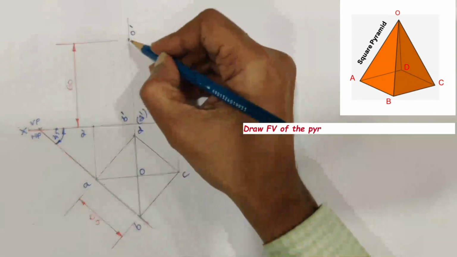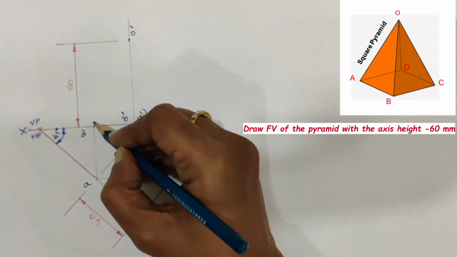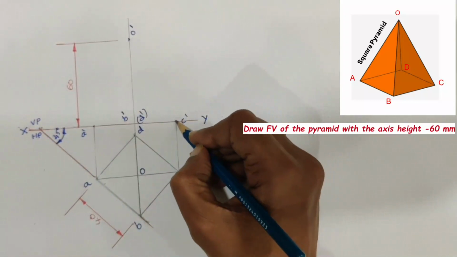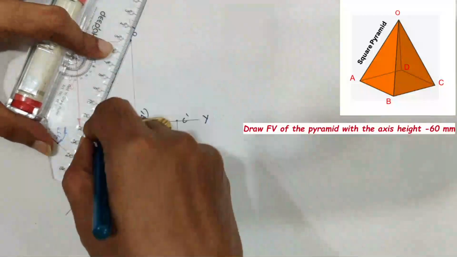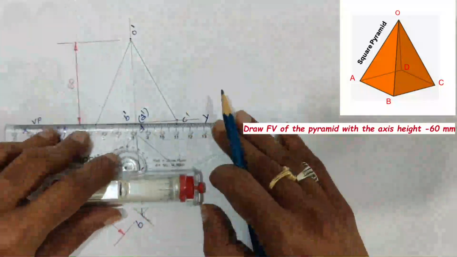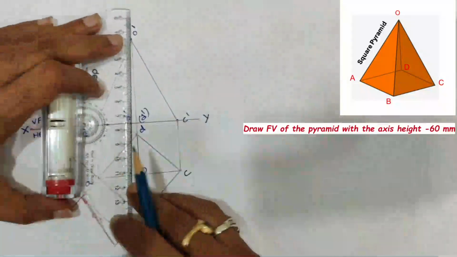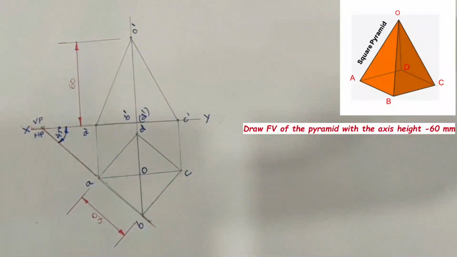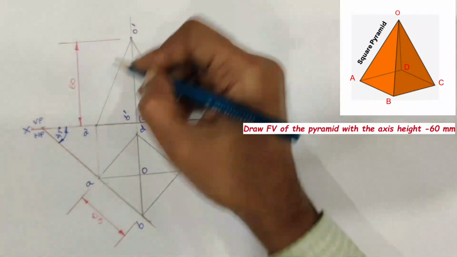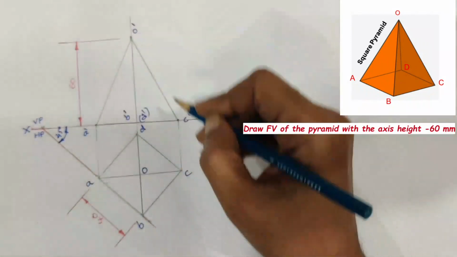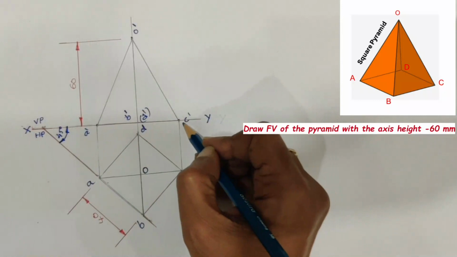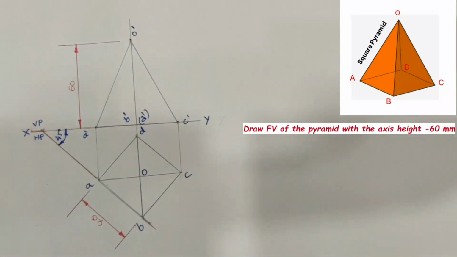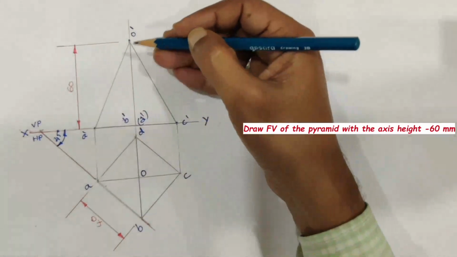Then join the points O dash, A dash, C dash and O dash with straight line segments. In the front view, the face edge images O dash A dash, O dash B dash and O dash C dash are continuous, and base edges A dash B dash to C dash are also continuous. With this we completed drawing the top view as well as the front view of the square pyramid.